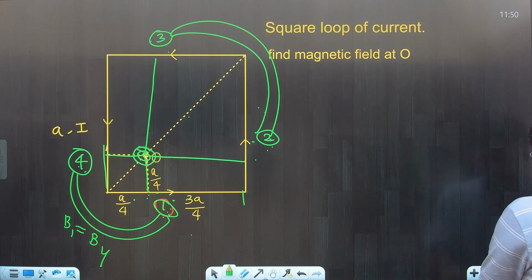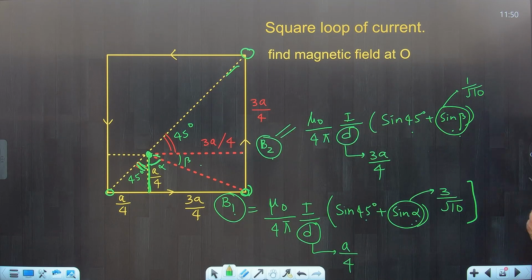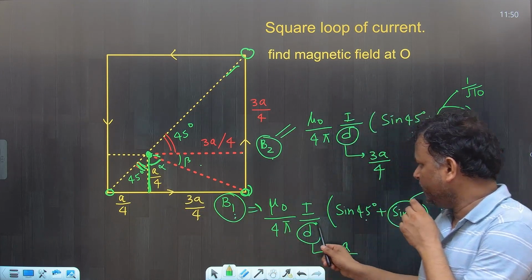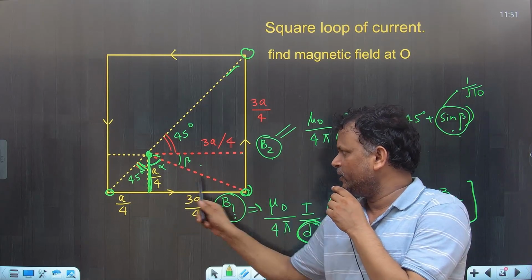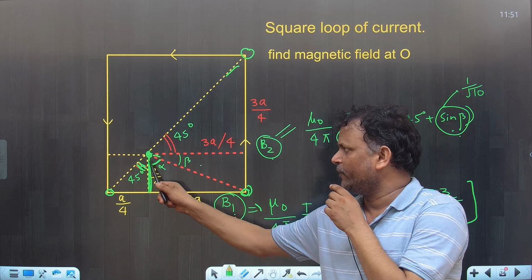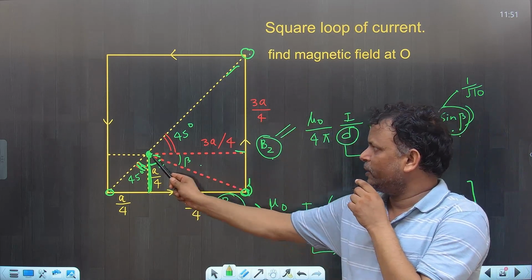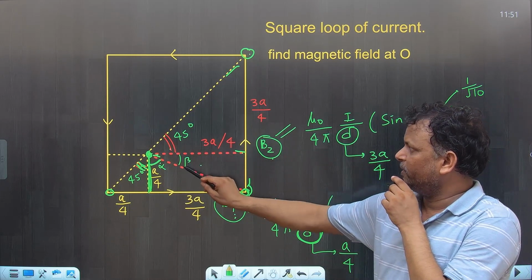So the magnetic field due to this part is B1, and in place of d you will write a by 4, and these two end points are making angle 45 degree and alpha. For this conductor d is 3a by 4, and this part is 45 degree, and this is beta.